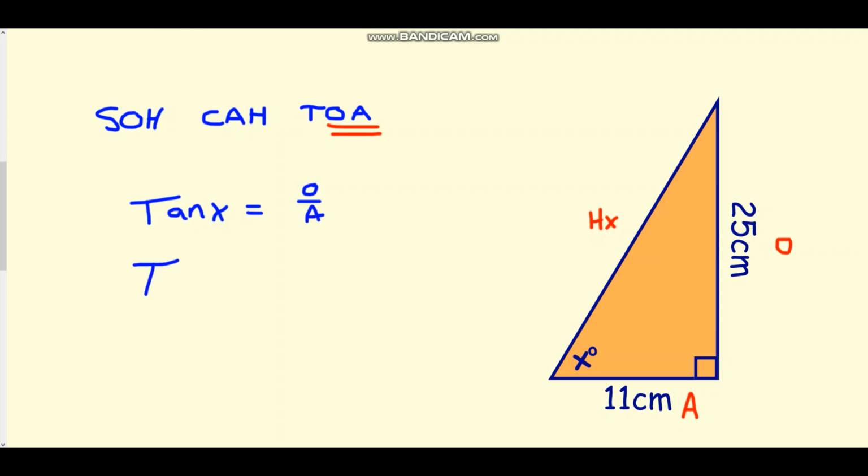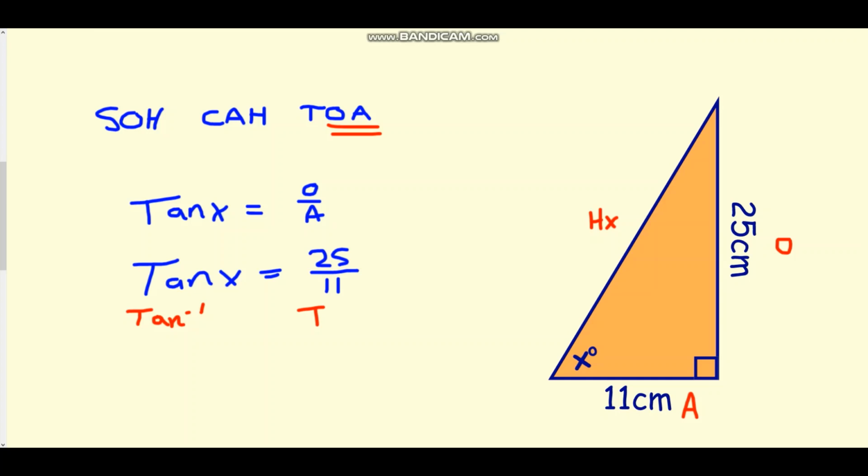Tan x is equal to our 25 over 11. To get rid of tan, what I need to do is the inverse of tan. So tan to the minus 1 on both sides.